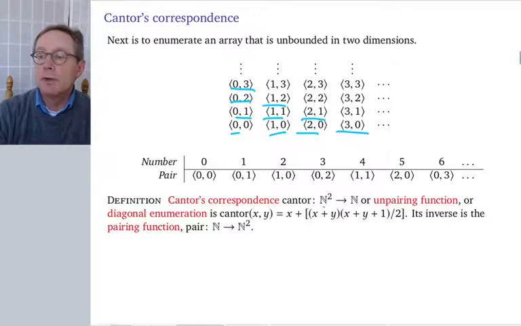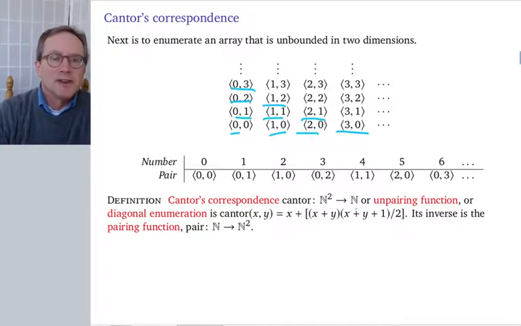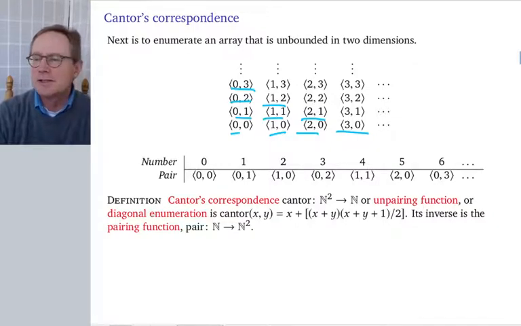So it starts with the pairs of natural numbers and it ends with natural numbers, and so it's an unpairing function, or diagonal enumeration. It isn't really the diagonals; it's kind of the anti-diagonals. But that's just the way words work sometimes. I'm calling it Cantor of xy, and it is the one that's listed in the table.